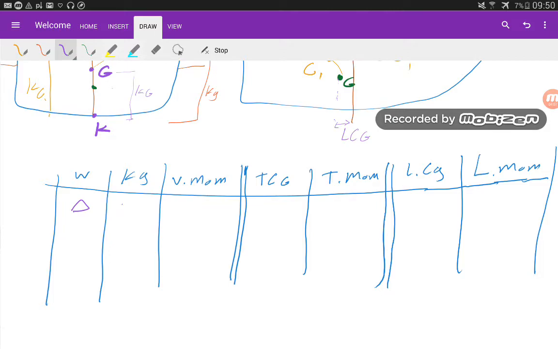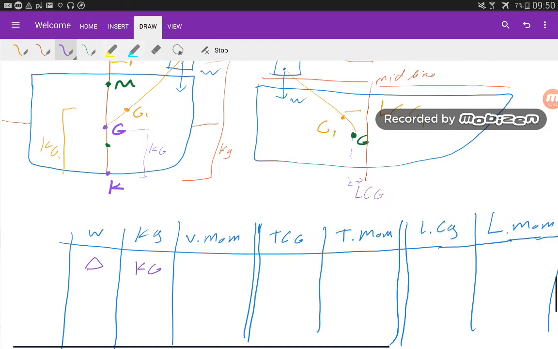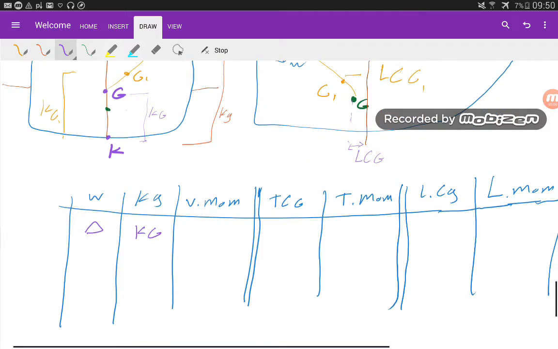How much was the initial height, KG, whereas the position of the center of gravity transversally, if the vessel was upright, usually this would be 0, but just now I'm using the transversal center of gravity. And how much was the position of the center of gravity, either aft or forward? This is the longitudinal center of gravity.